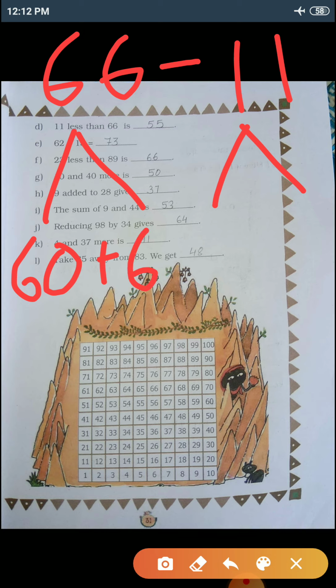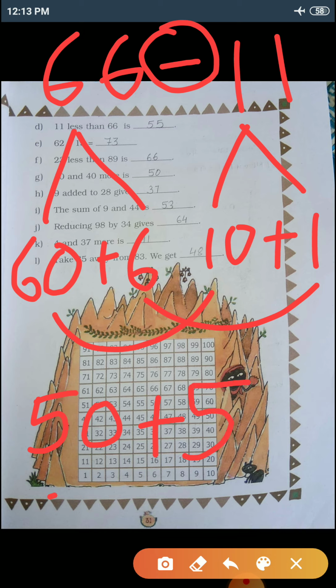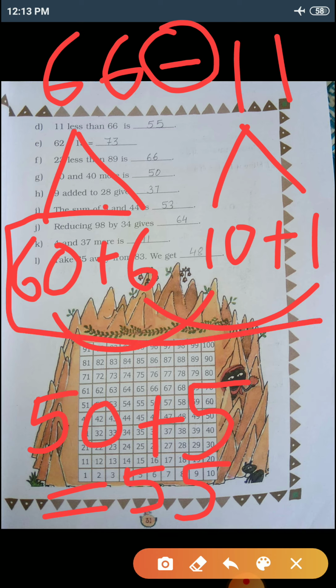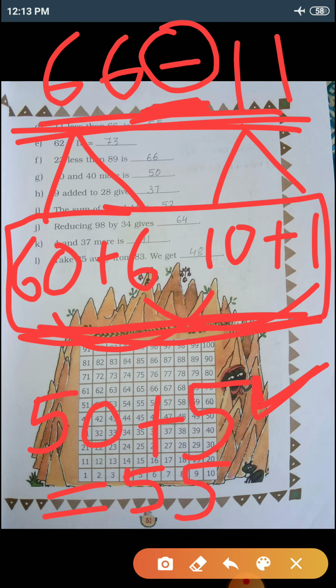And how will we distribute 11? 10 plus 1. Now, we need to subtract. Remember this. So 60 minus 10 will give you 50. Then 6 minus 1 will give you 5. Now tell me, 50 plus 5 is equal to 55. Here in the first step you need to subtract the number, but in the third step you need to add, when we are subtracting the two numbers.